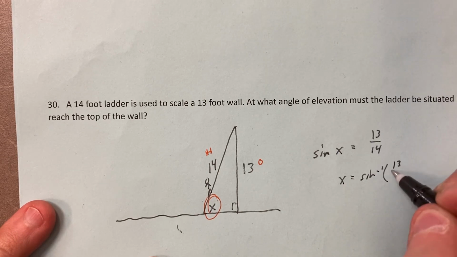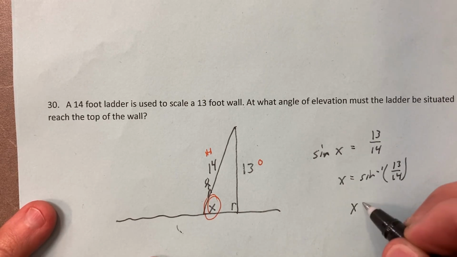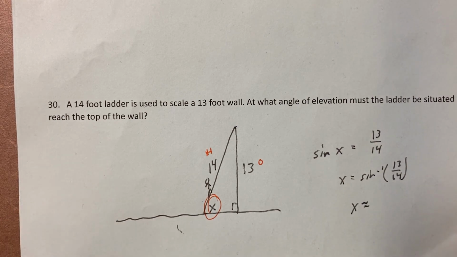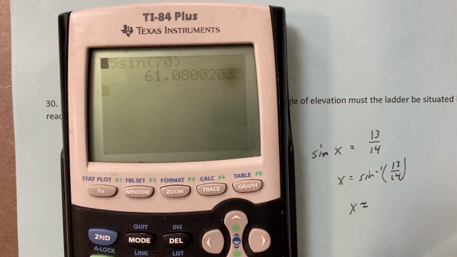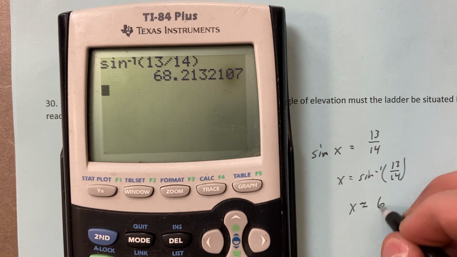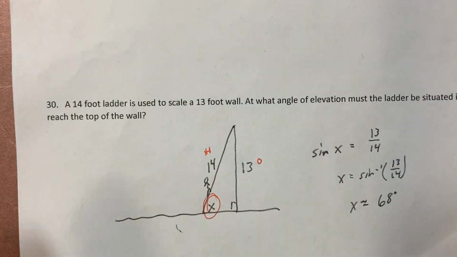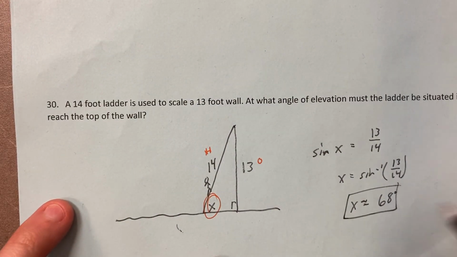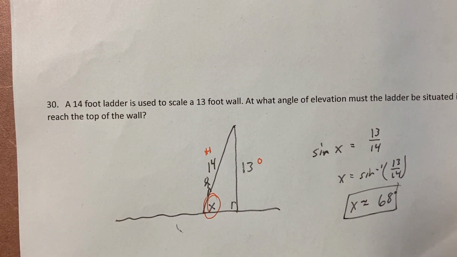Get rid of the sine, so inverse sine of 13 over 14. It's going to be a pretty big angle, I think. Yeah, about 68 degrees. That's not so big. 68 degrees. Okay. All right, the other ones maybe we'll do in class before the test. We'll see. Enjoy.